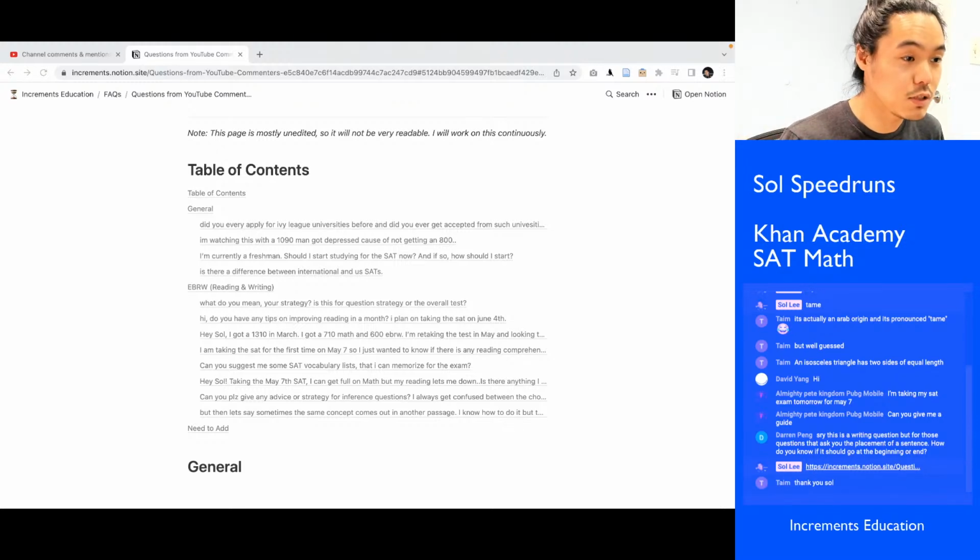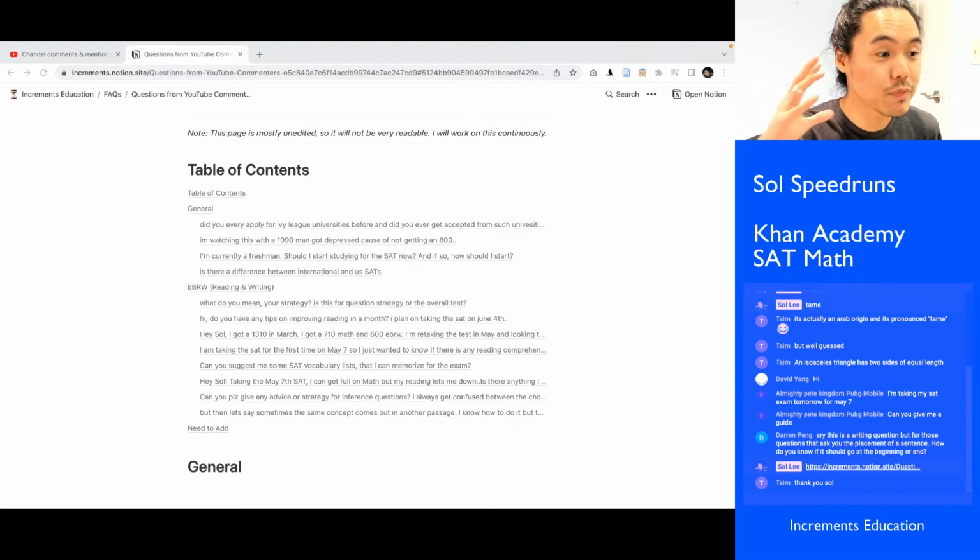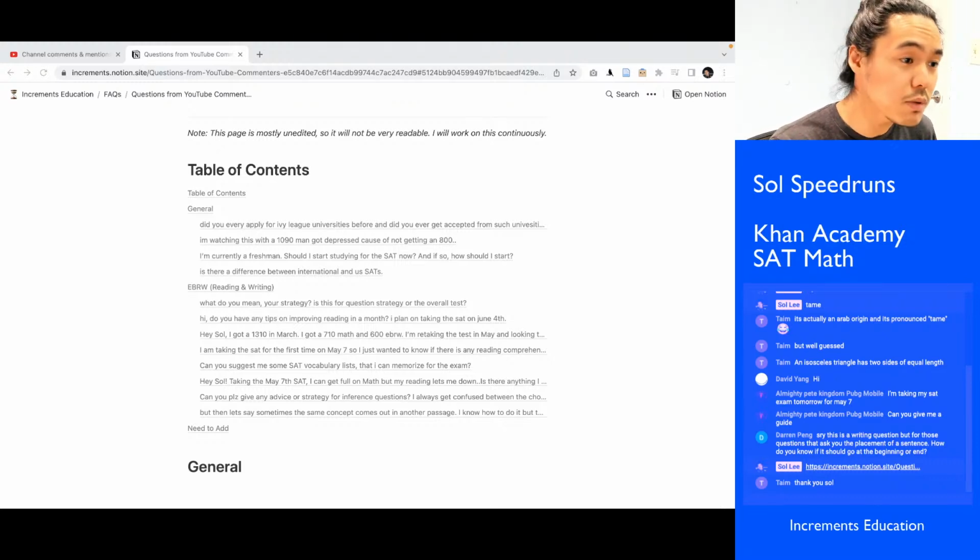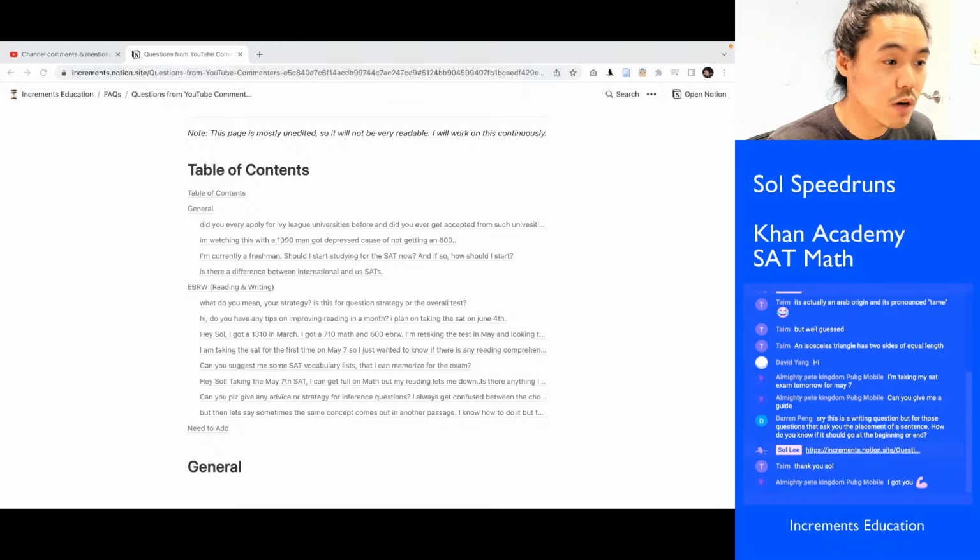Does that mean you need to sleep more? Then sleep more. Sleep less? Then sleep less. Whatever, I don't know your situation, but do whatever it takes to increase your confidence. Does that mean you need to do some extra review? Maybe, but for some kids, when they do extra review, they get more nervous. Then don't do it. Depends on you.